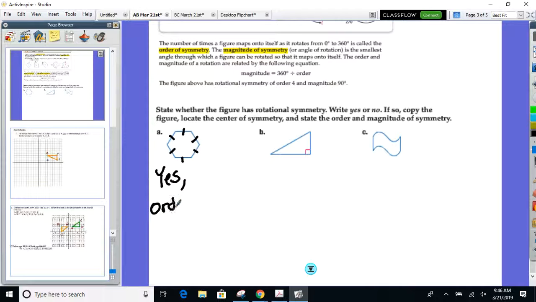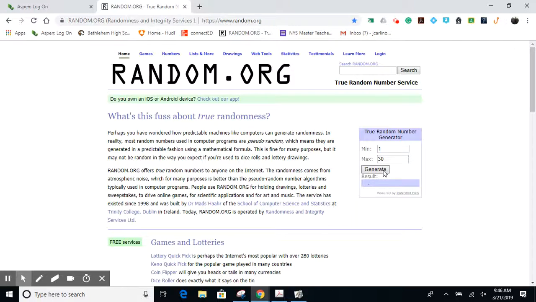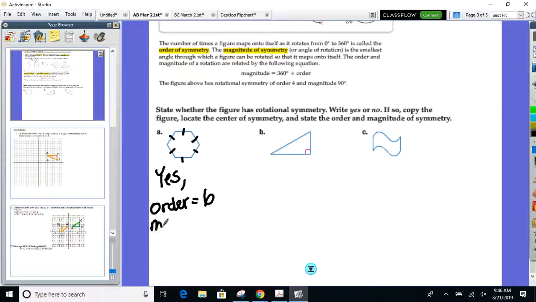So the order, which is how many times can I rotate this and get this figure back before I get to the beginning? 6 times. Everyone all right? Order 6. And yes, you can say, oh, it's the number of sides, but that's not going to work in a couple problems. And what's the magnitude? Here we go. 20, what's the magnitude? AKA, what's the minimum number of degrees I can rotate, Claudia, before I get it back? How do you get it? You take 360 and divide by the order, 6, and you get 60 degrees.